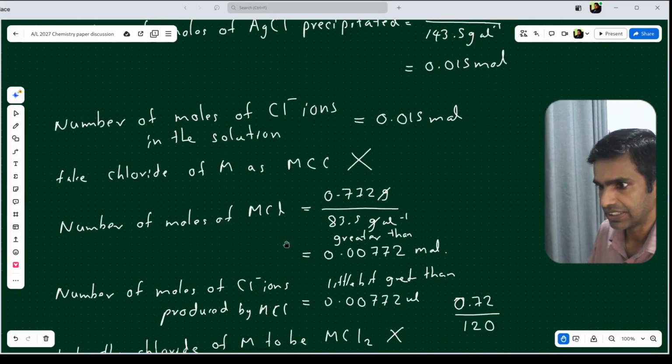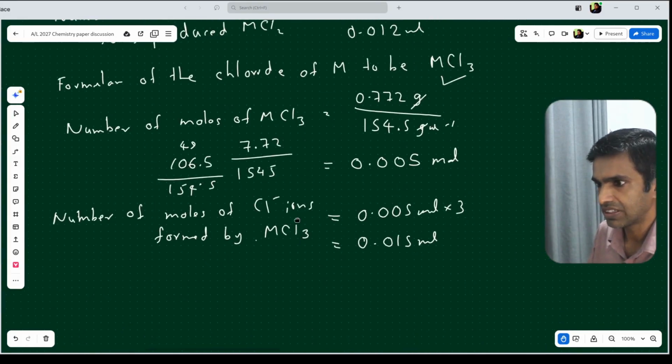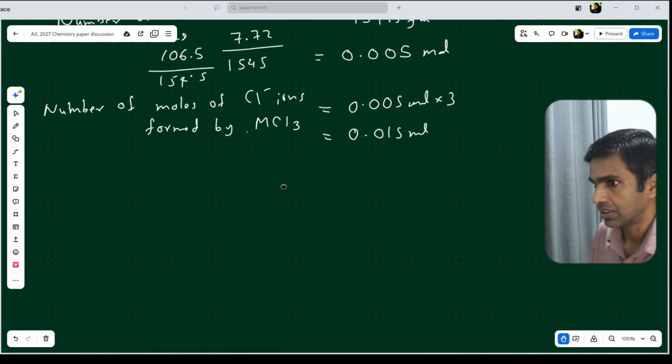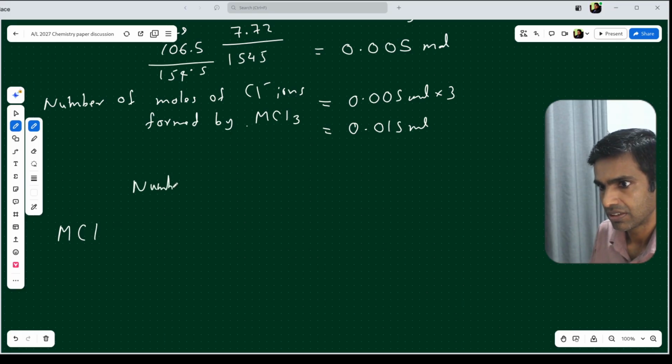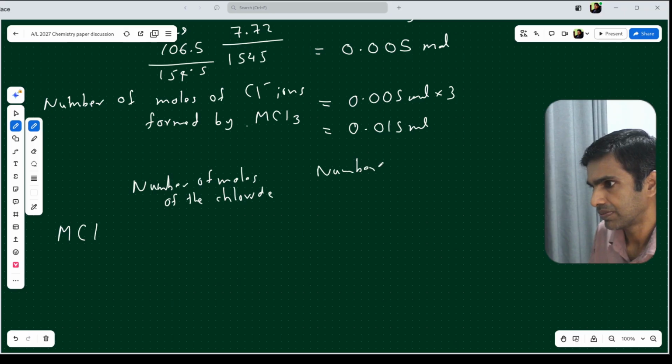And there is another thing. If you do the calculation like this, it will take a longer time. So I will explain a shortcut. First you can take the formula, then the number of moles of the chloride, then the number of moles of chloride ions produced.